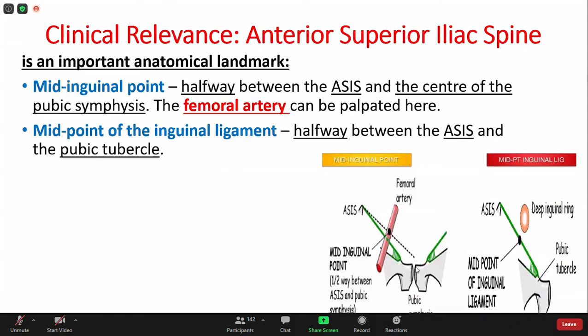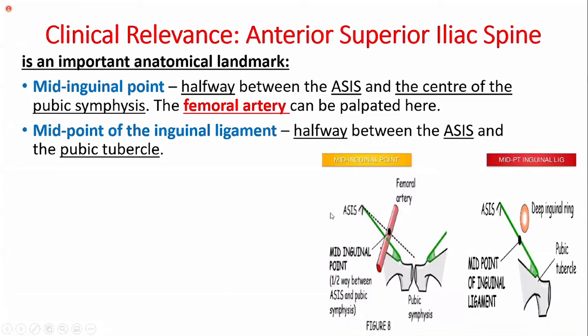So this is the center of the pubic symphysis. And then if you extend the line all the way to the anterior superior iliac spine, you can palpate the femoral artery at the midline. This is the first landmark, and we call it the mid-inguinal point.